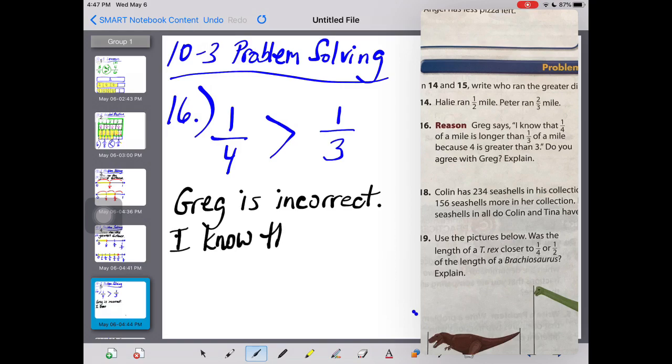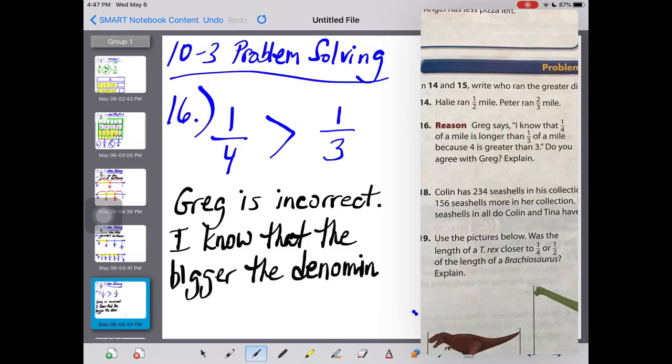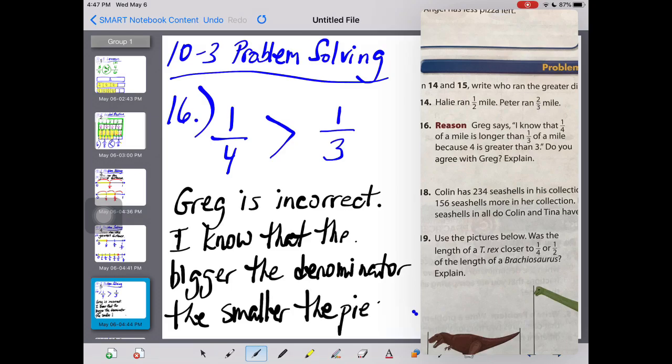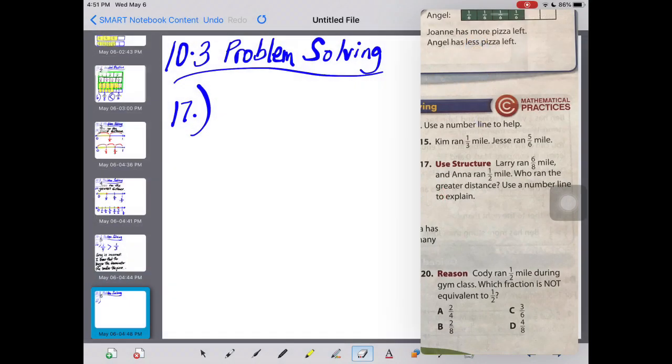I know that the bigger the denominator, I'm spelling this all wrong, huh? Denominator, the smaller the piece. Now there's all different ways to explain that, but I'm just giving you one example of a way to explain that. All right, let's move on to number 17.